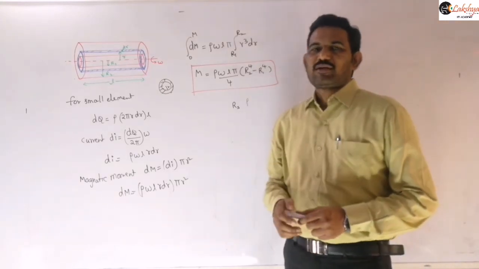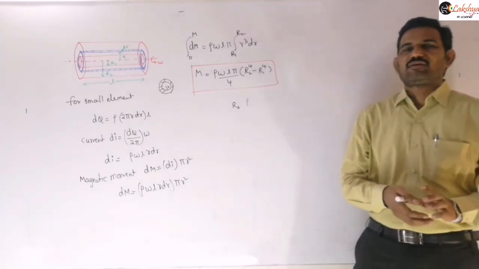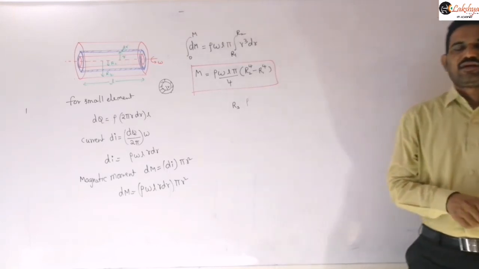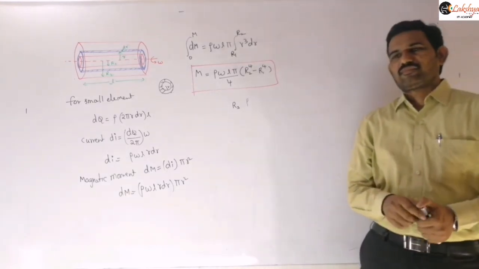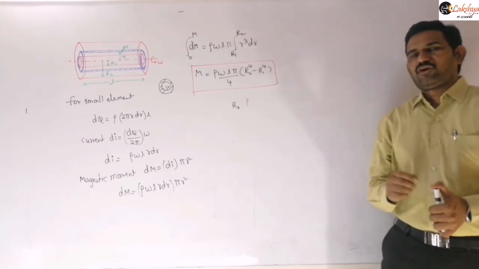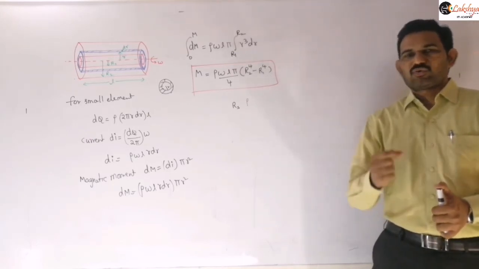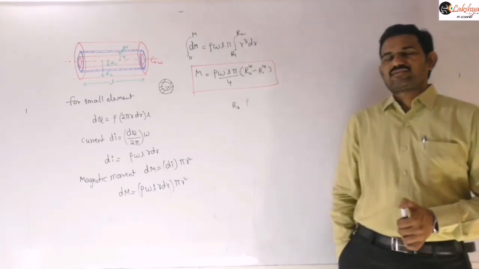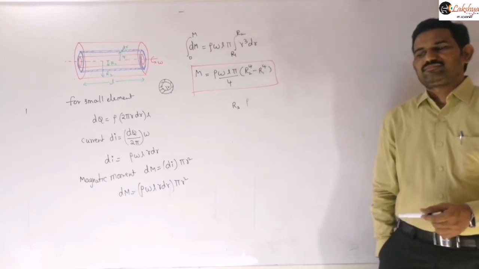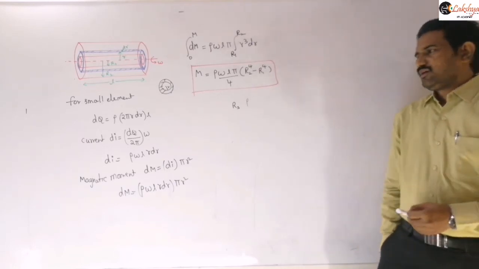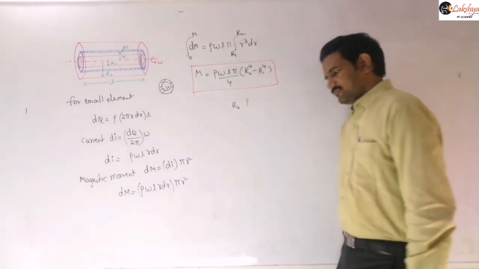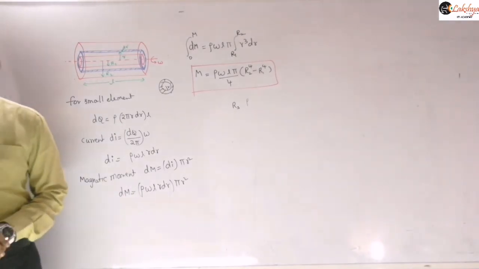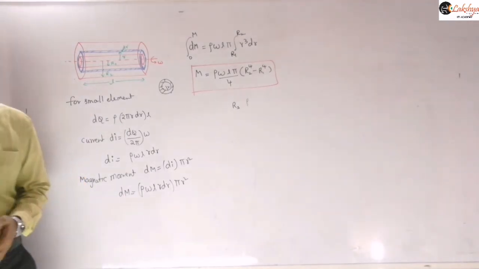It is surrounded by another cylindrical pipe of inner radius Rs and outer radius R, capital R. And it is having charge density minus rho.